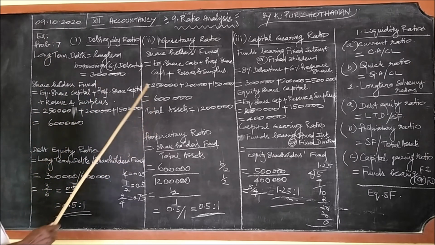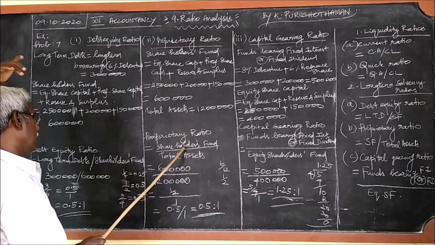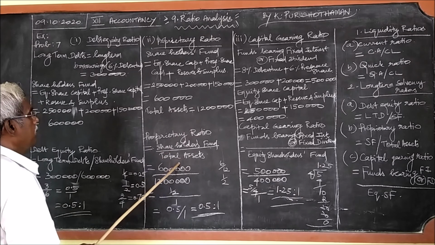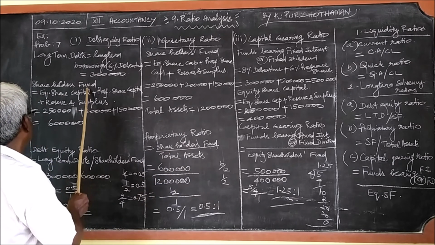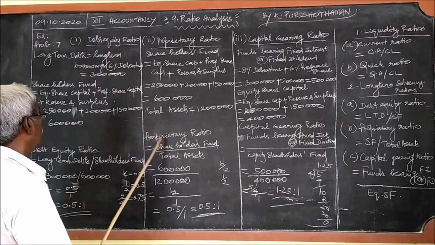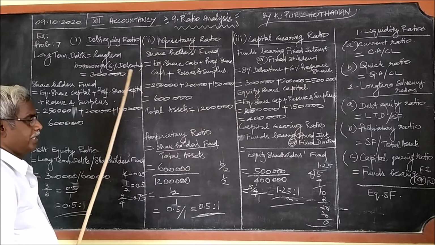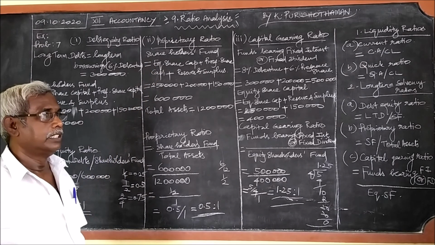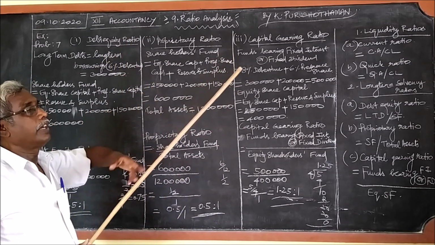Then the second ratio, proprietary ratio. What do you mean by proprietary ratio? Proprietary ratio is equal to shareholders fund by total assets. The same shareholders fund, 6 lakhs. Then total assets: actually, there are 5 items of total assets given, and therefore you should find the total of all 5 assets.